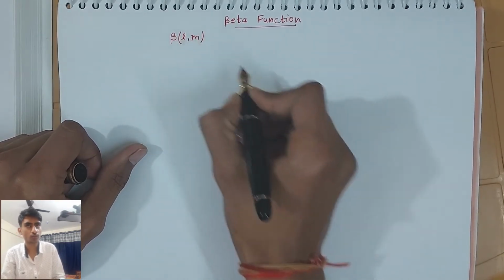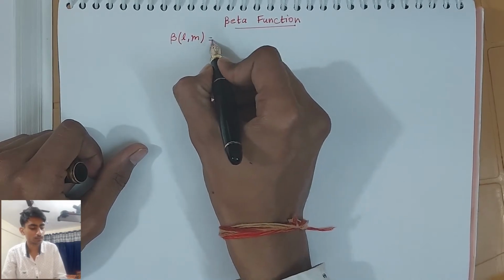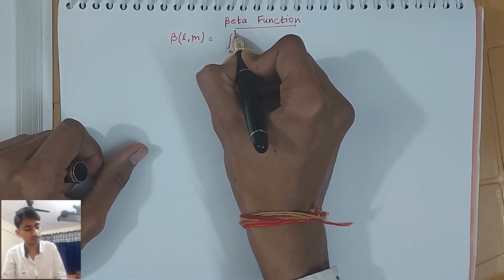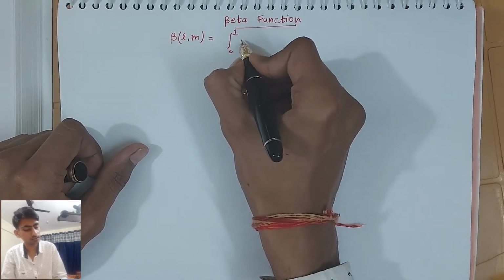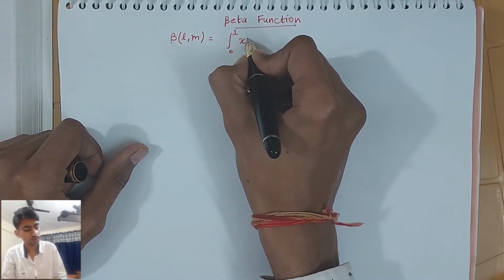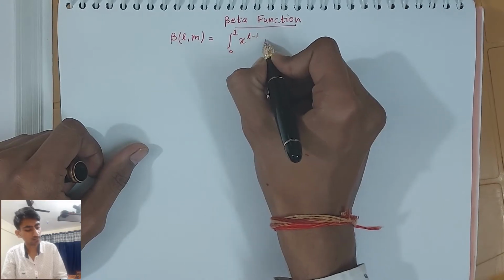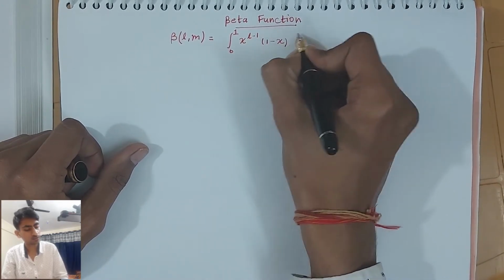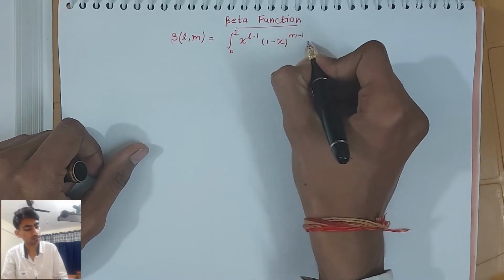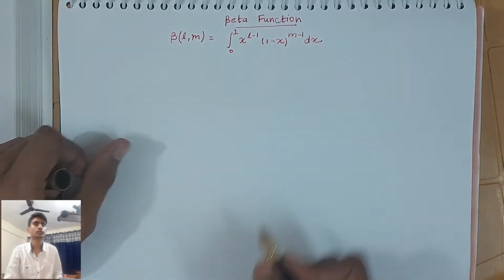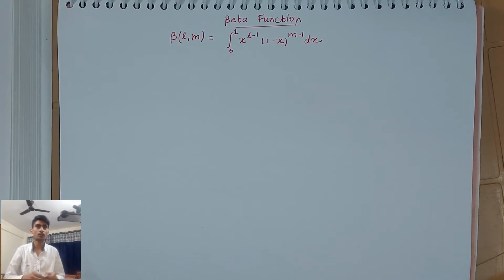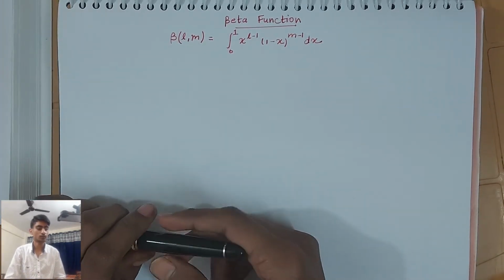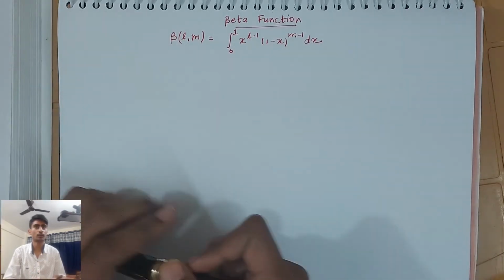There are two arguments of the function, L and M, and it is defined as an integral from 0 to 1 x to the power L minus 1 and 1 minus x to the power m minus 1 dx. This is how the function is defined. So don't ask questions like why it is like this. It is just defined like this.